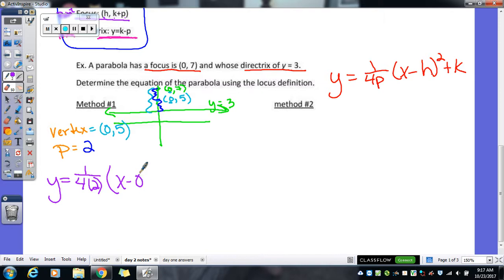And then x minus 0 squared plus 5. So we just have to clean it up a little bit. 4 times 2 gives me 1/8. X minus 0, well, I don't really need the parentheses because it's minus 0, so I can just write x squared. Or you could keep writing x minus 0 squared, and that's fine. Plus 5.